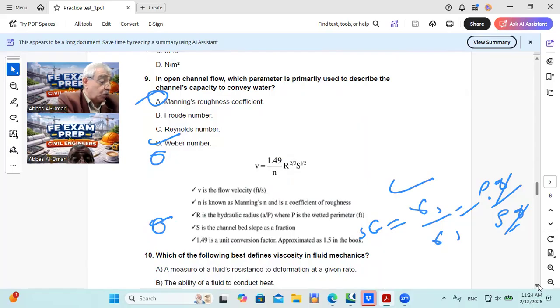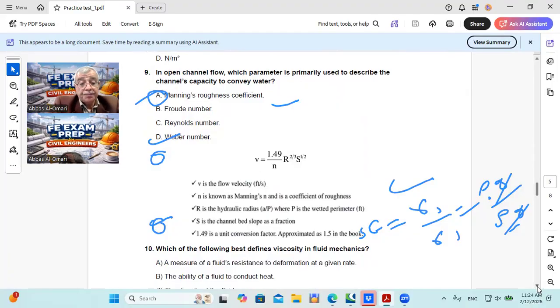The Froude number has nothing to do with capacity in open channel flow; it has to do with flow classification. Reynolds number has to do with pipe flow, and Weber number is something different. So the answer is A, Manning's roughness coefficient. A is the correct answer.